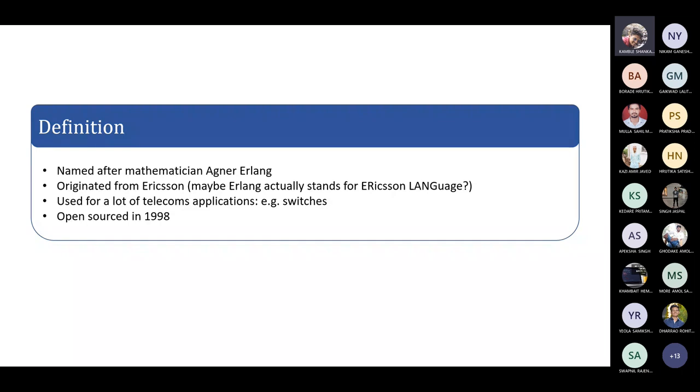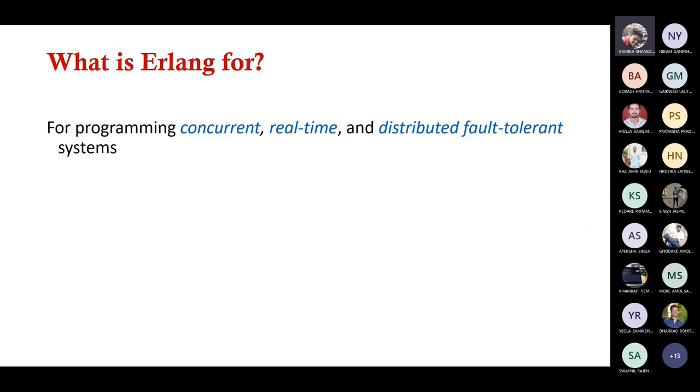Initially it was used in the telecommunication sector, where it was a huge network in which a lot of concurrent things were happening. So telecom was the first application of the Erlang language, and then finally in 1998 it was open sourced. So it's an open source language and it is popular for concurrent programming.